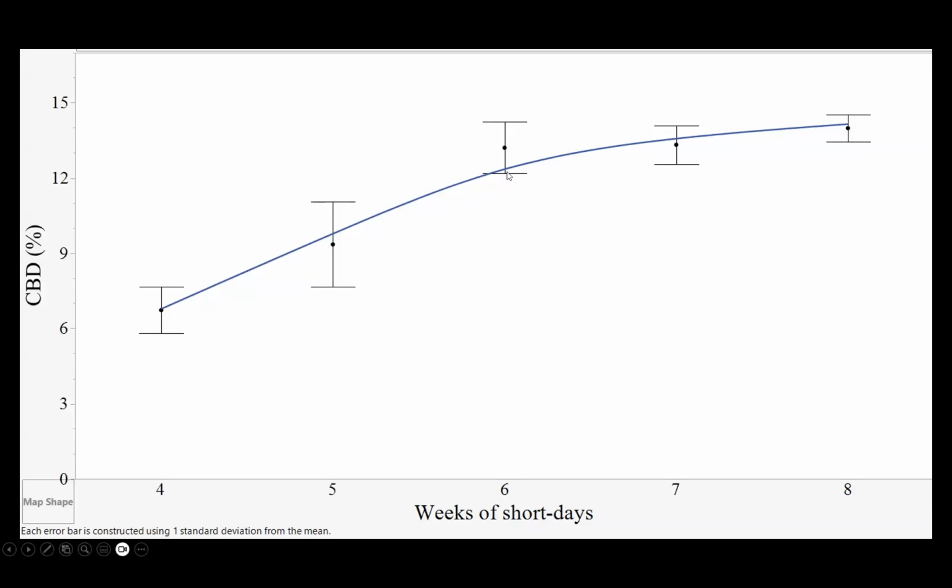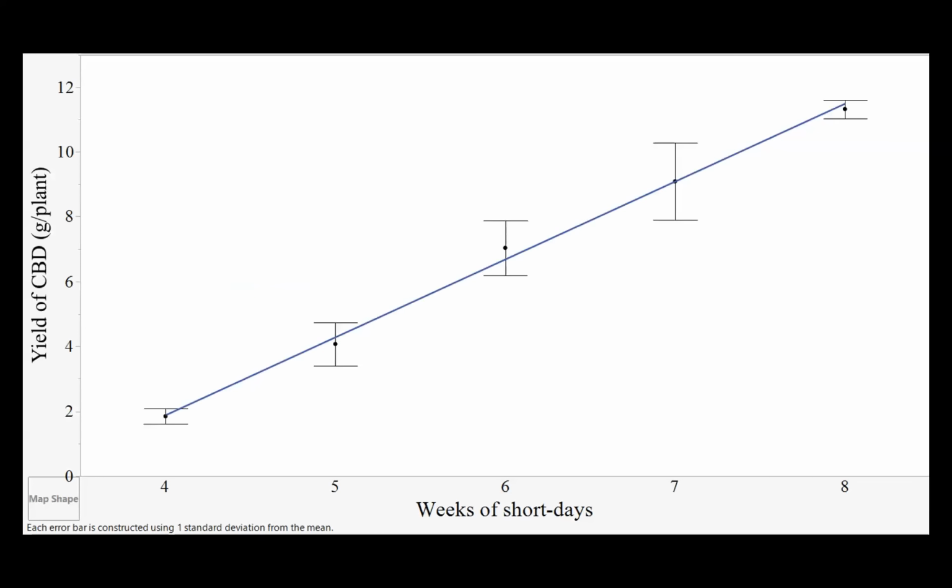And then from week 6 onward, we're not really increasing the concentration of the cannabinoids. But we are increasing the total yield of CBD throughout week 4 through week 8, because the growth of the inflorescence is continuing to increase linearly throughout this period.